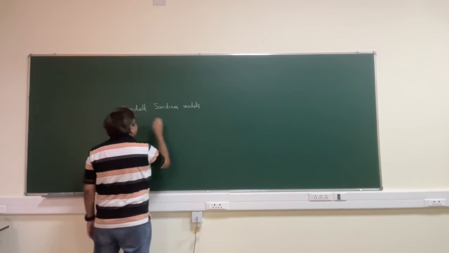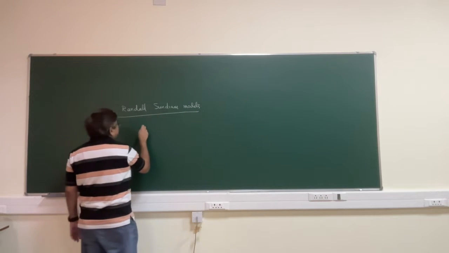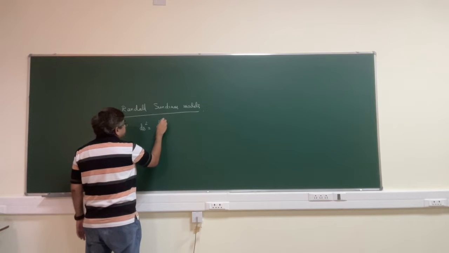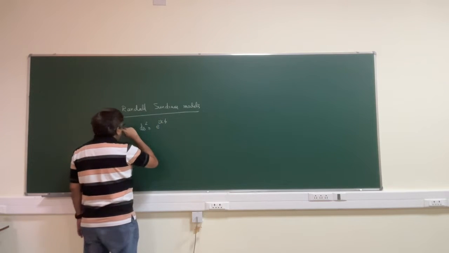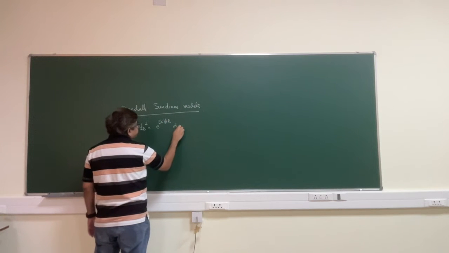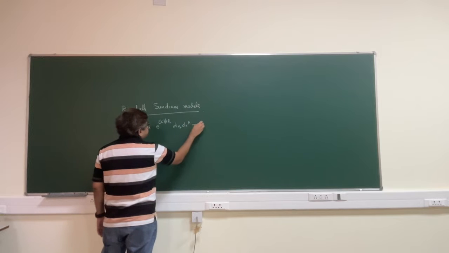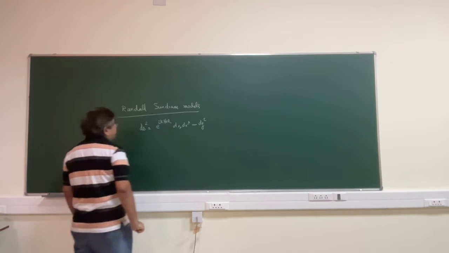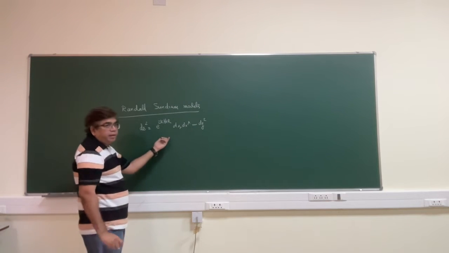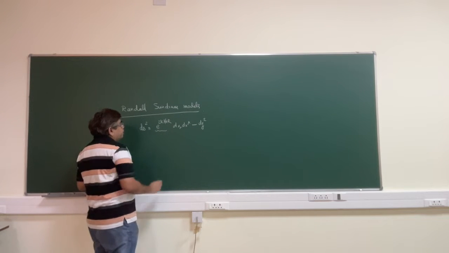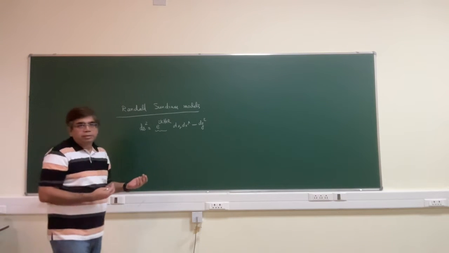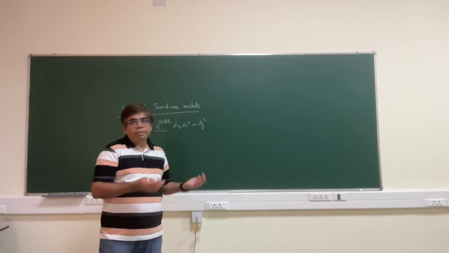These have non-factorizable geometry given by some such factor which sits in front, which is a conformal factor. Okay, this is a conformal factor in the metric. So these are inspired by curved spaces, essentially they have curved-like geometries.